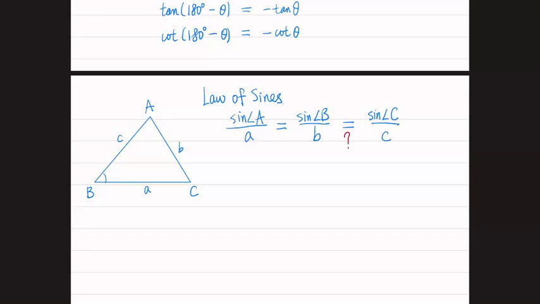We can draw a perpendicular line and label the foot. Okay. Now who can tell me the area of the triangle ABC?